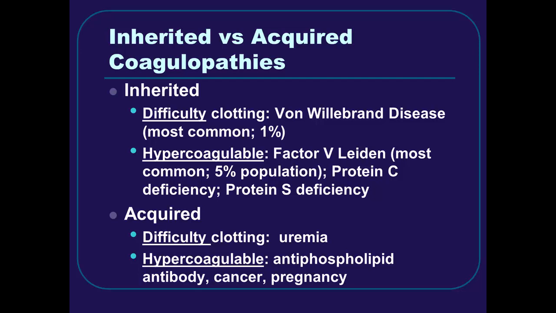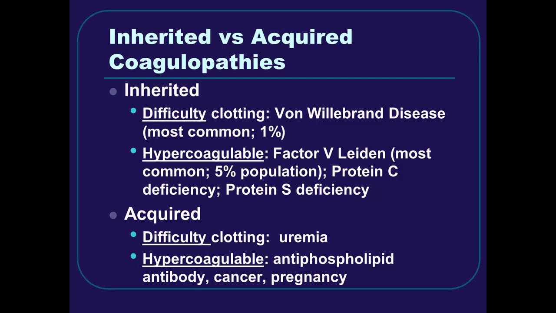You may also see protein C deficiency and protein S deficiency. All three of these inherited hypercoagulopathy states are autosomal dominant disorders. Von Willebrand disease is also autosomal dominant. And again, we're going to come back and talk about all of these inherited coagulopathies.